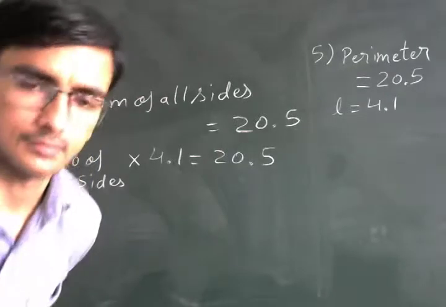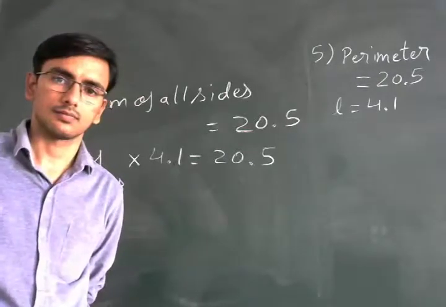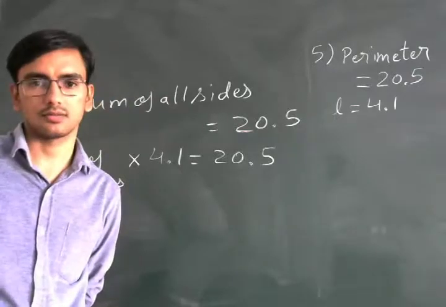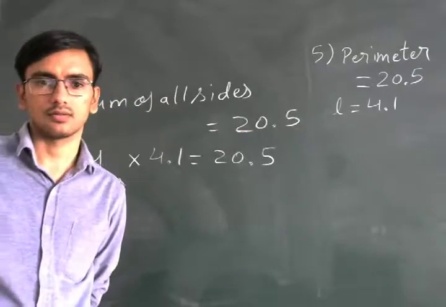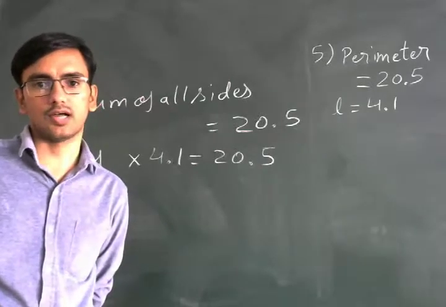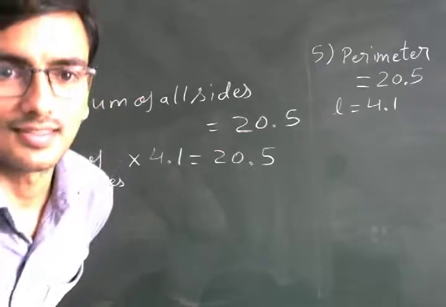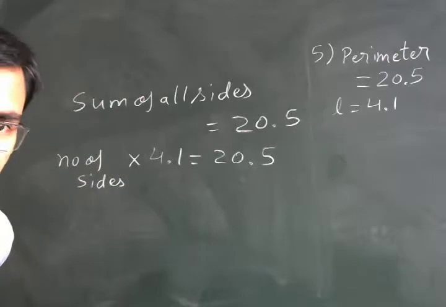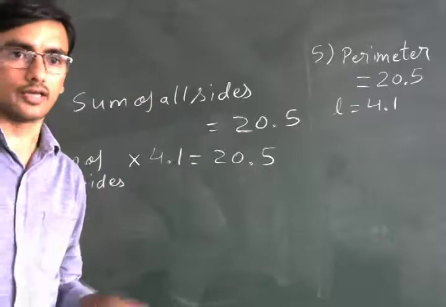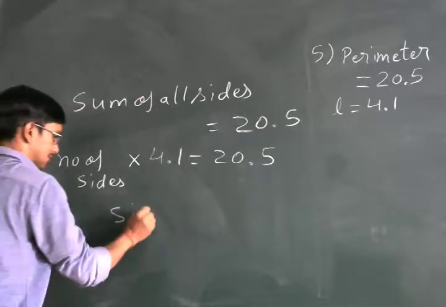Sir, and the answer of the third question is this 13? Yes. The fourth question answer was also 13. Now we will discuss only this. You watch the video again when I upload it.